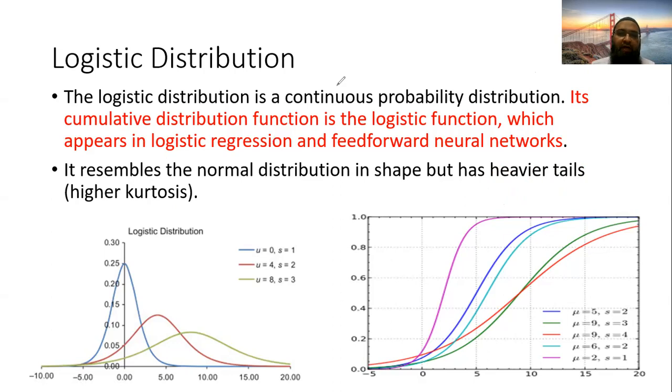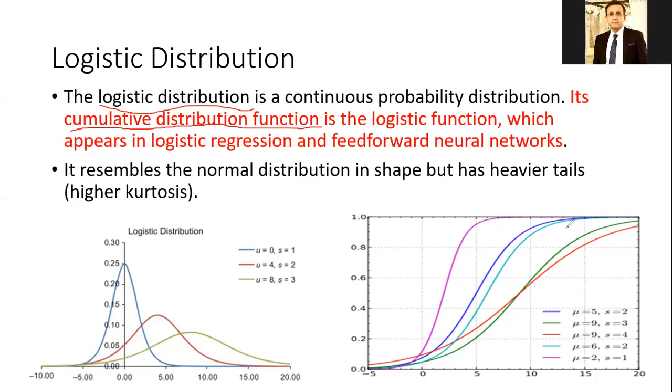Okay. So the logistic distribution is actually a continuous probability density function. That's the first thing. And when you plot the CDF of this function, uski jo shape hai, that resembles the shape of a logistic function. So we are going to be looking at this logistic function in detail because it's very important to machine learning.